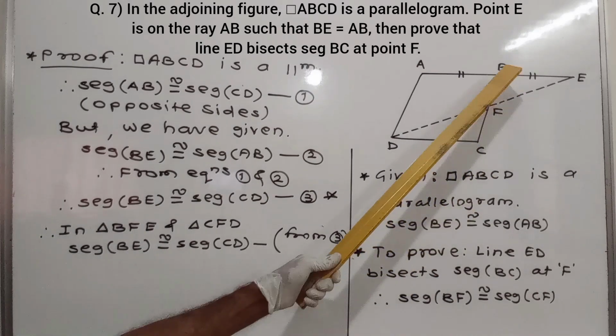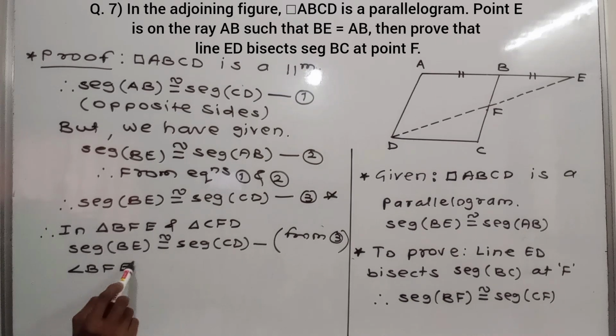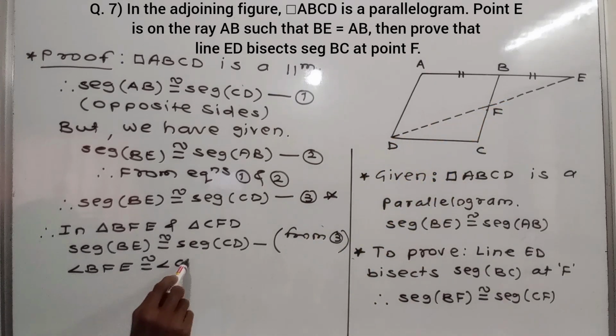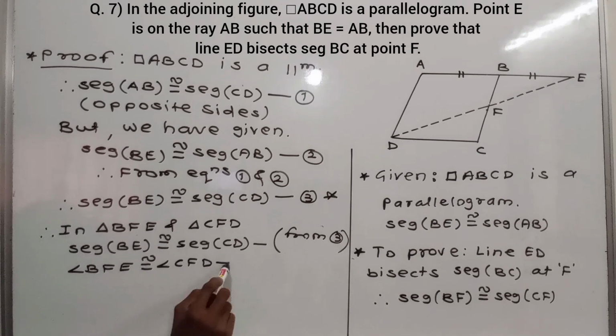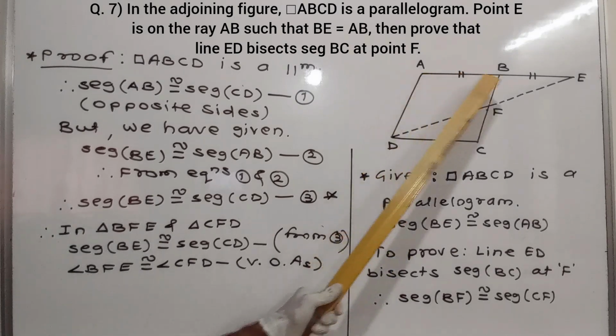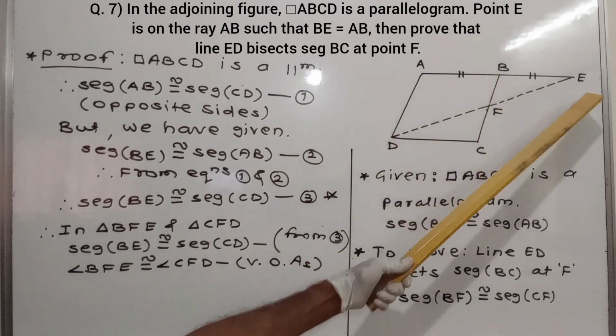Now, angle BFE congruent to angle CFD, vertically opposite angles; vertically opposite angles are congruent. Now, see this, AB parallel to CD, because this is a parallelogram and this is extended.